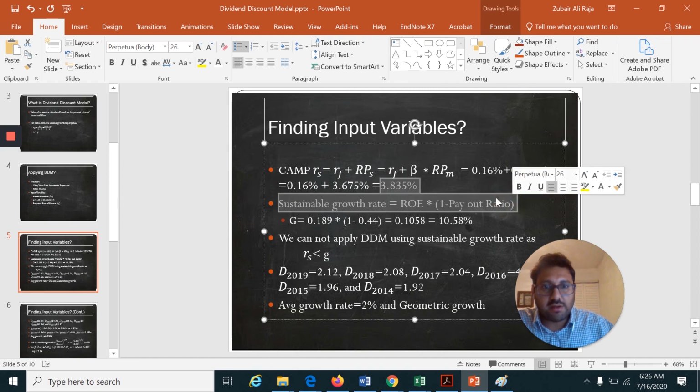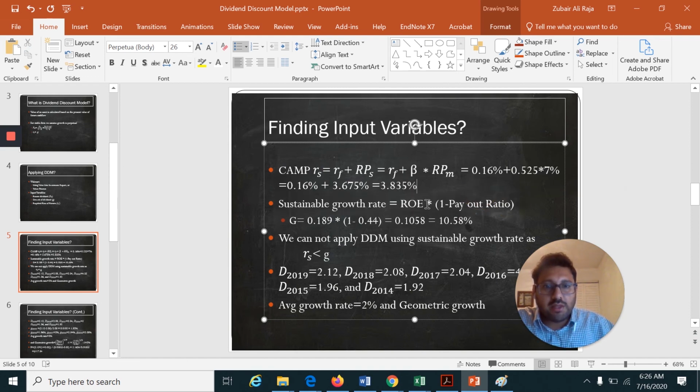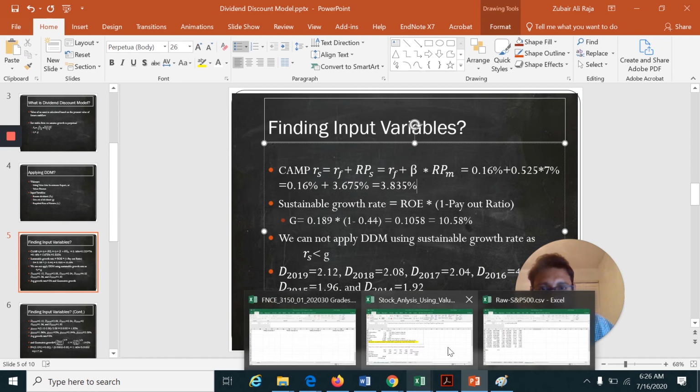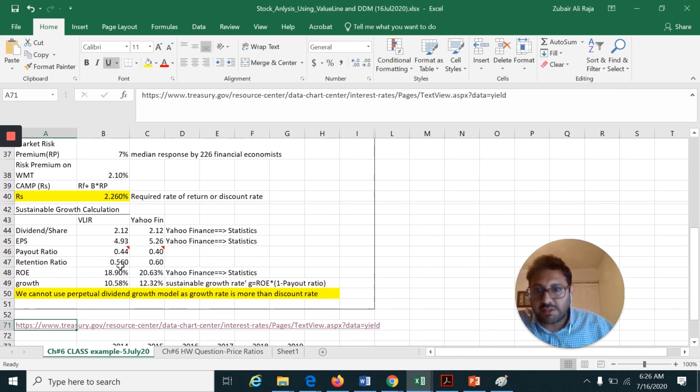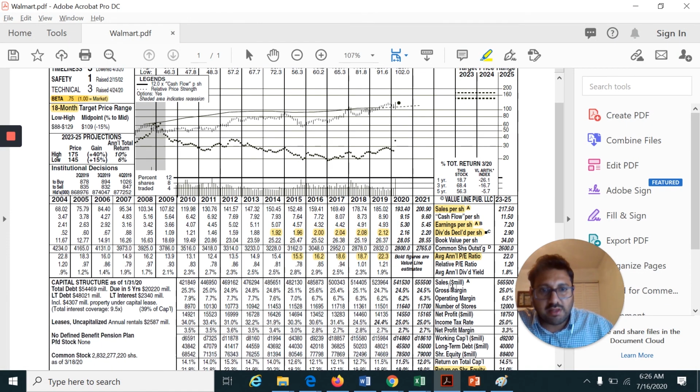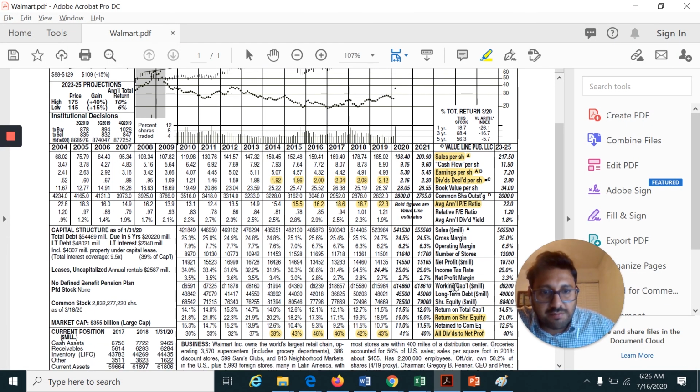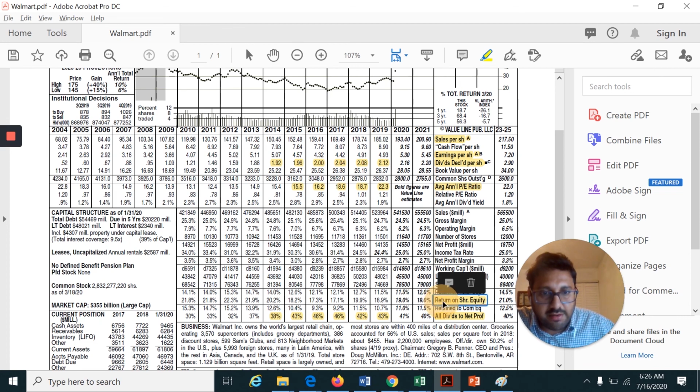So ROE, the return on equity, I am right now using the values from the Value Line Investment Survey. So my return on equity is 18.9%. And how do I know that my return on equity is 18.9%? You can see this is my return on equity, and the 2019 year is completed. 2020 is not yet completed.